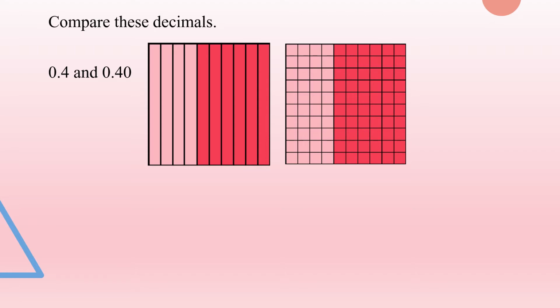So this represents 0.40. Now look at the pictures, compare both pictures. They are shaded equally, isn't it? So both are equal. So 0.4 is equal to 0.40.